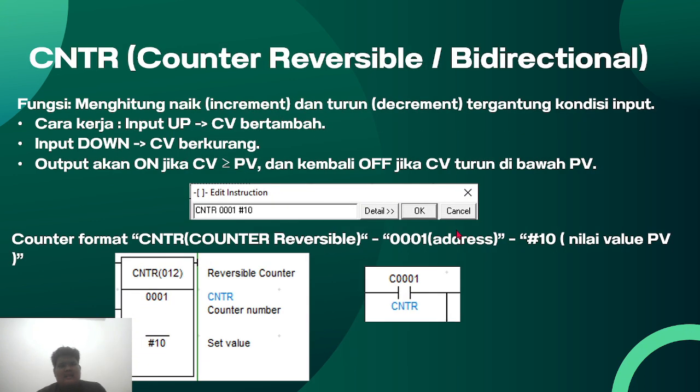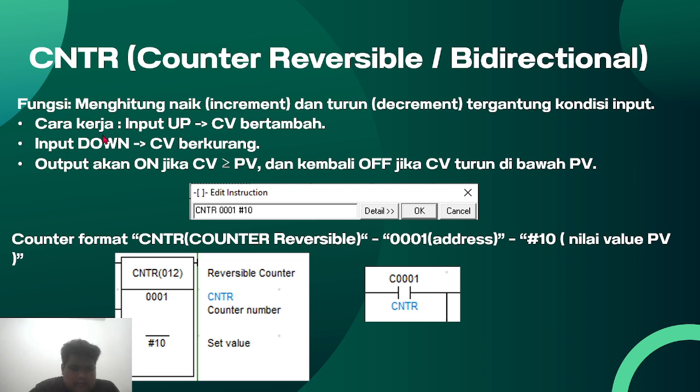Then the next is CNTR, counter reversible or bidirectional. The function is to count both upward and downward depending on the input condition.